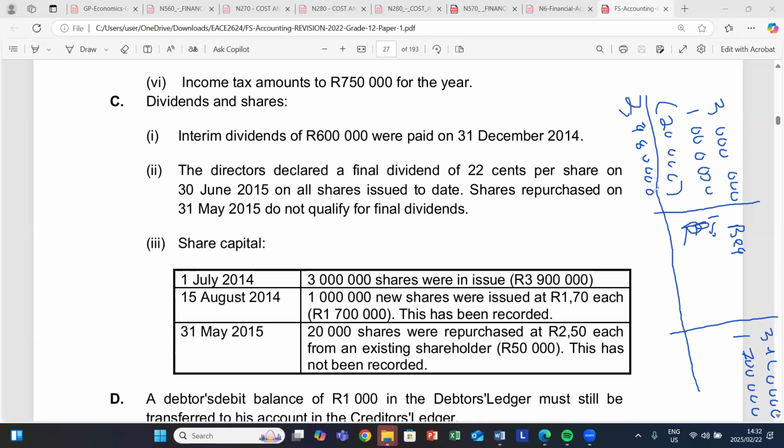Okay, can you please explain to us again? I want to understand. I just wanted to write that table before so that I can understand. You said 3 million plus 1 million rand, right? In which you say 4 million multiplied by our 22 cents, which is 0.22.